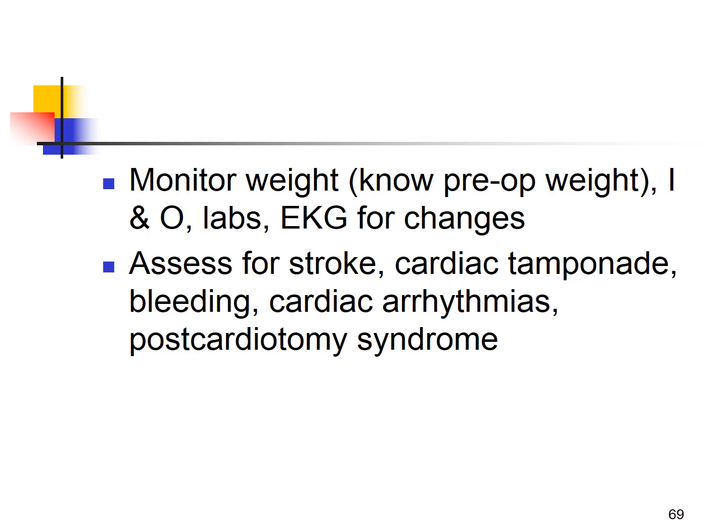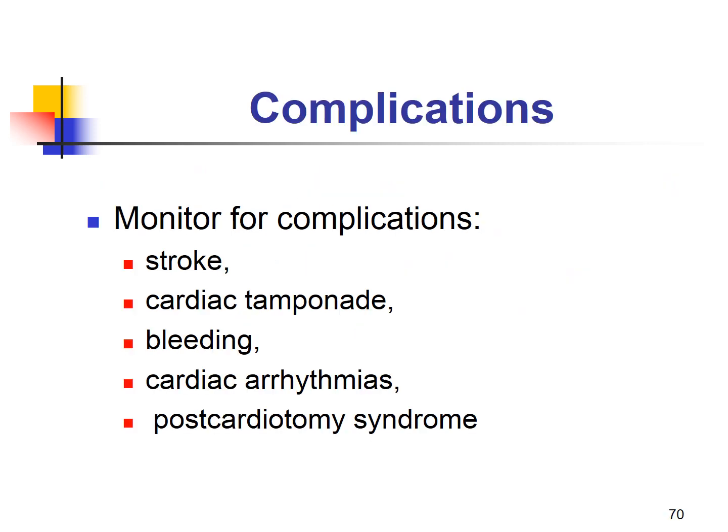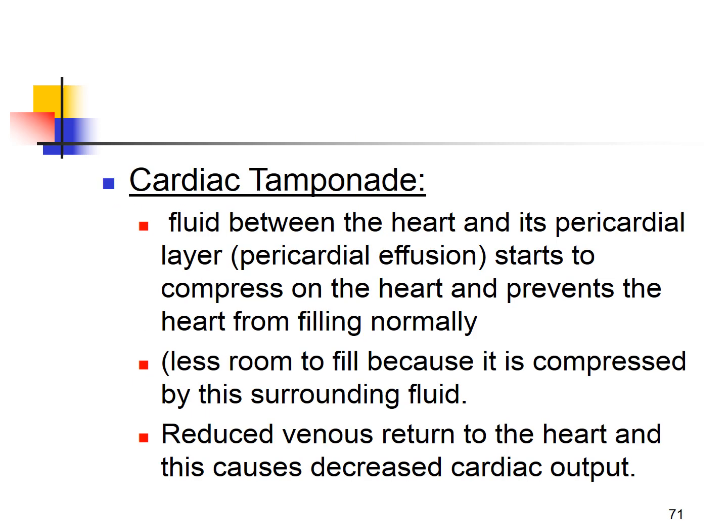These are all complications that you may see. Next slide. So these are the complications: stroke, cardiac tamponade, bleeding, cardiac arrhythmias, and postcardiotomy syndrome. So let's talk about the next slide.